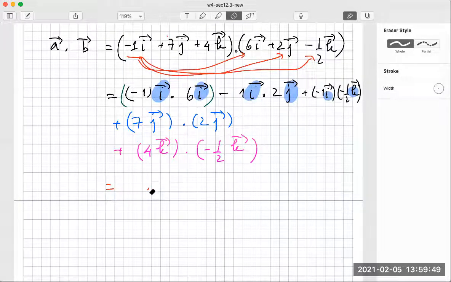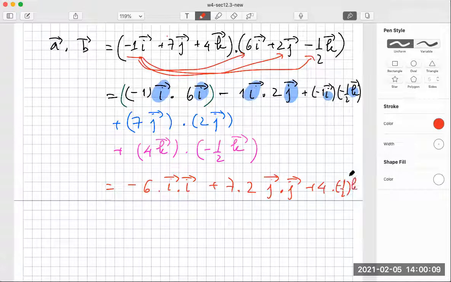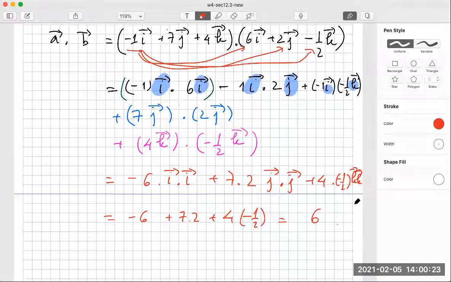It would be negative 6, right? i times i will be 1, i dot i here. Plus 7 times 2, j dot j, plus 4 times negative 1/2, k dot k. Okay, it will be negative 6 plus 7 times 2 plus 4 times negative 1/2, and finally it will be 6, like normal. This is a different way to write it in detail and understand it a little more.